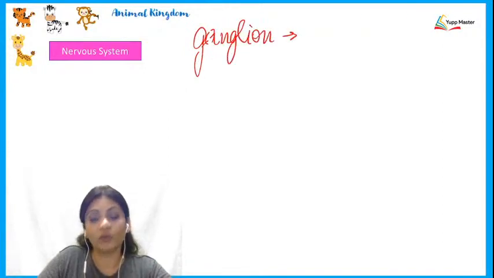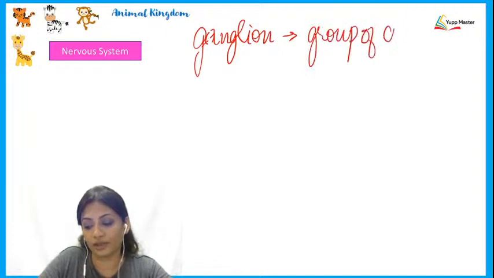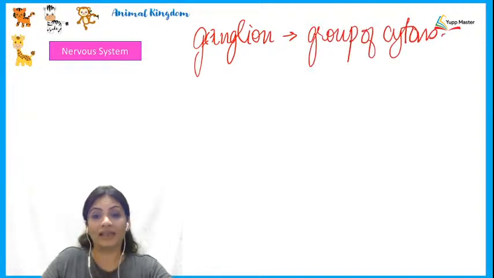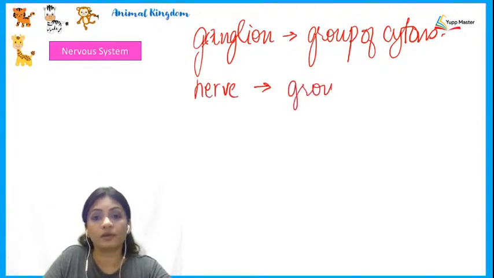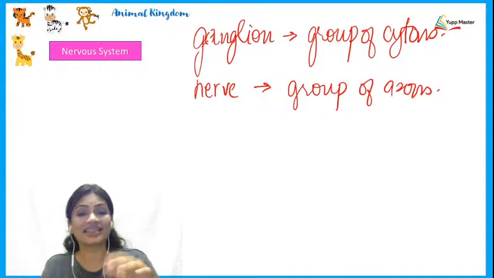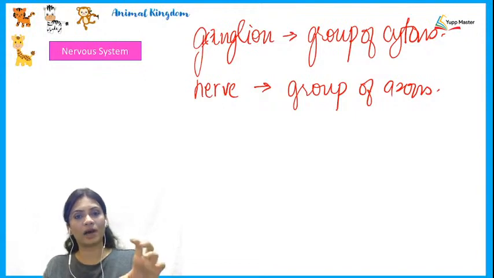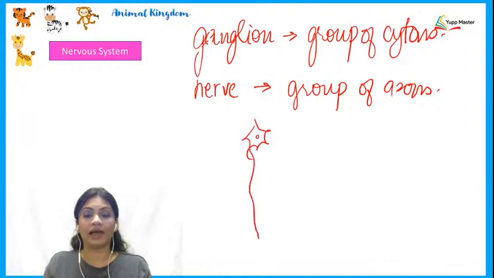Alright, ganglion was nothing but a group of cytons. Okay, and the next word would be the nerve, and nerve is nothing but a group of axons. Okay, so these cytons and axons are nothing but parts of the neurons. All right, so a cluster of cytons put together and a cluster of axons put together from the neurons.